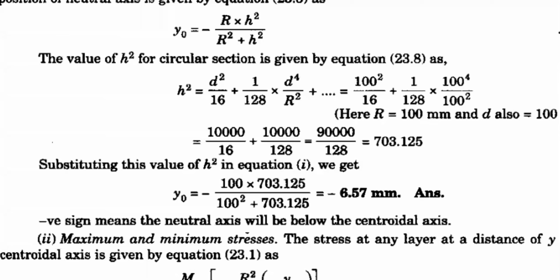Very good. So minus means below the centroidal axis. You may have the doubt that every time we get only a negative value and never a positive value. You will observe the positive values also, no problem, please wait for the time. But as far as this particular problem, whenever you get a minus value, definitely the position of neutral axis will be below the centroidal axis.